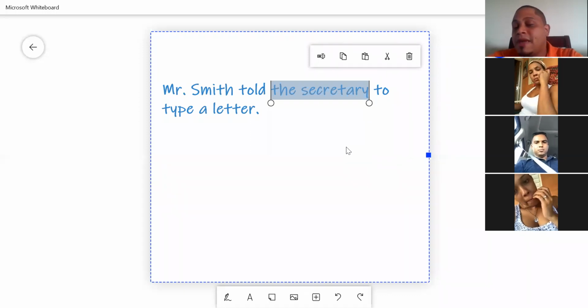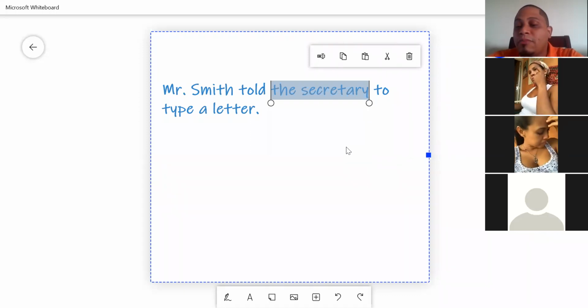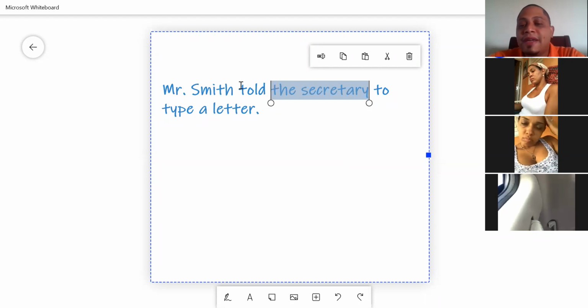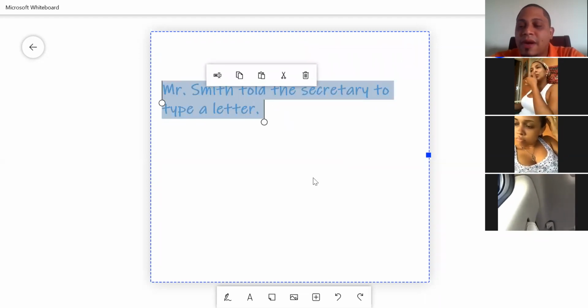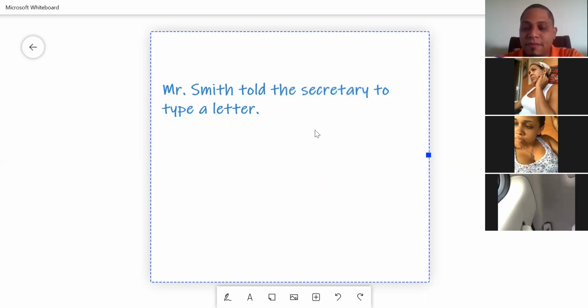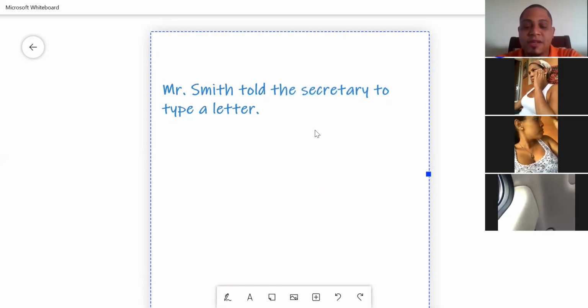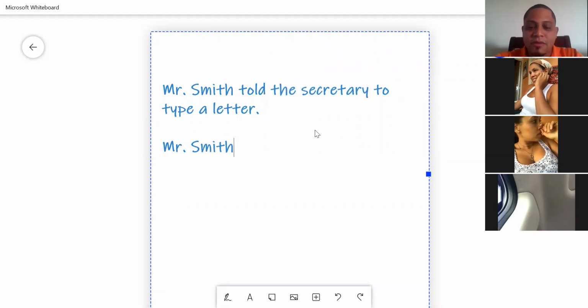It could be the dog, because remember, the noun could be an animal, a person, or a thing. So basically, this is a noun phrase. You know why it's a noun phrase? It's because it has a subject, but besides the subject, it has another name, which is not the subject. For example, check this. We have Mr. Smith, right?